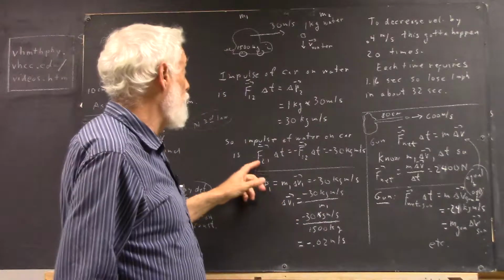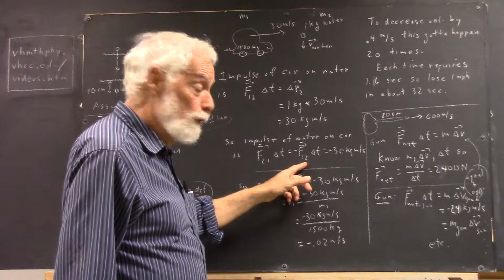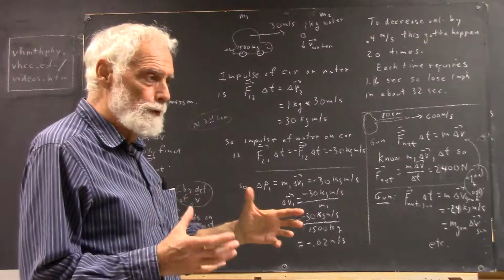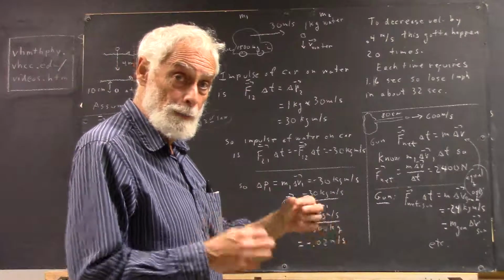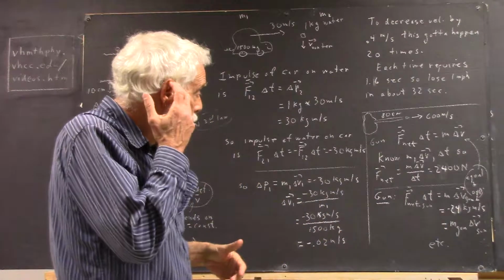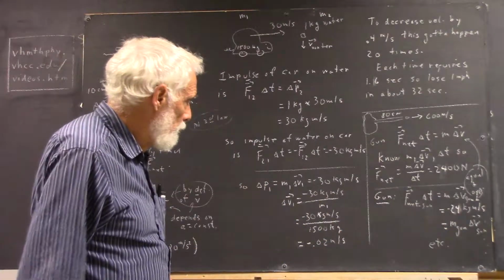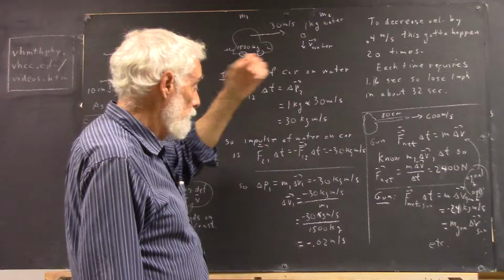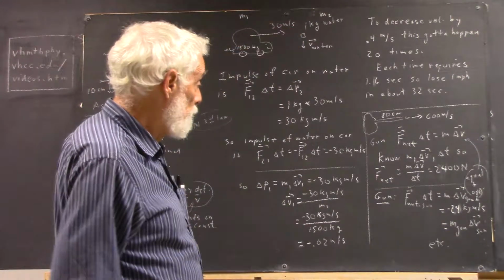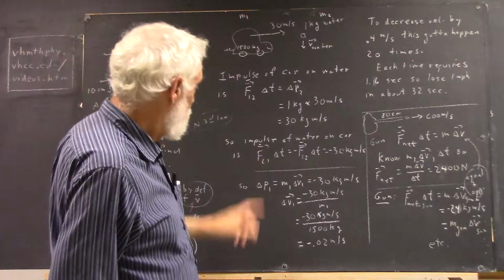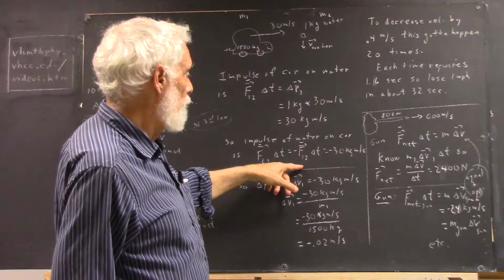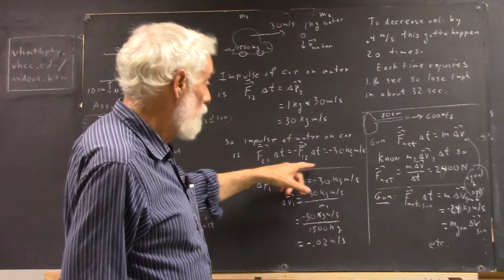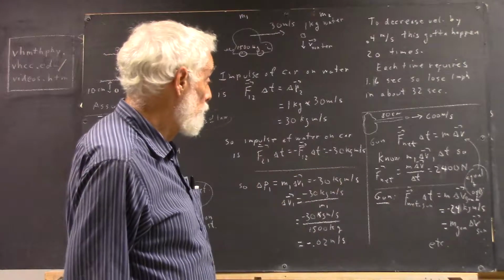And of course, these are average forces, because the actual forces are discrete. Every raindrop collision exerts a force, and every raindrop sticking to the car exerts a force that contributes to what we're doing here.